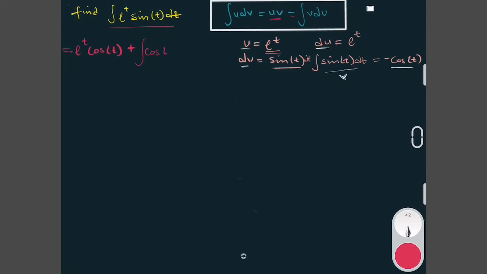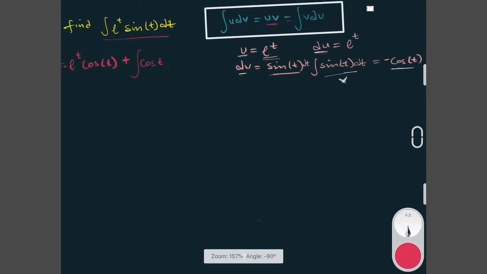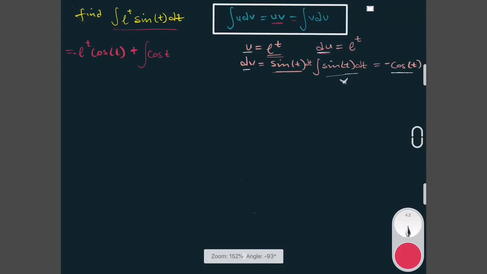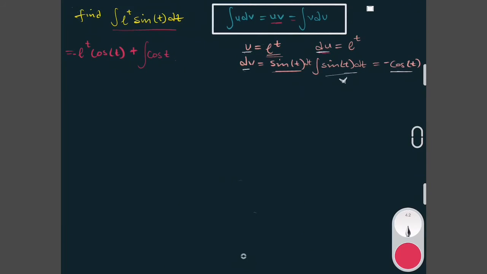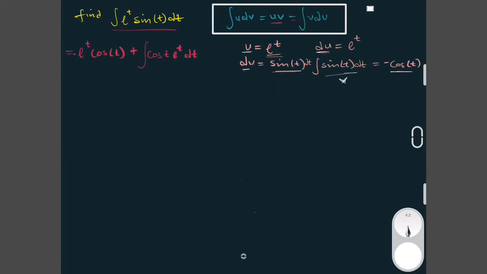We have cosine of t times du. We know du is just e to the t, so we write e to the t dt. So it's like we took the derivative of u with respect to t and we multiply both sides by dt.